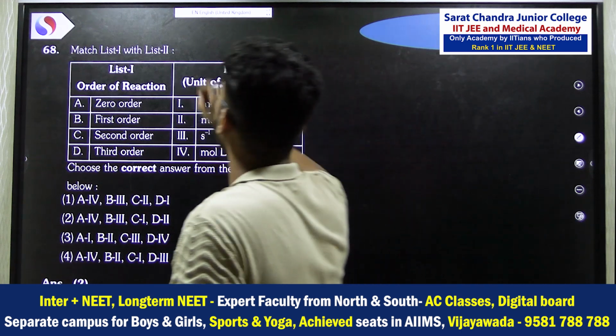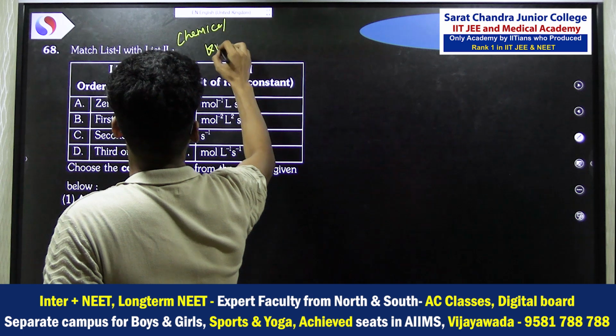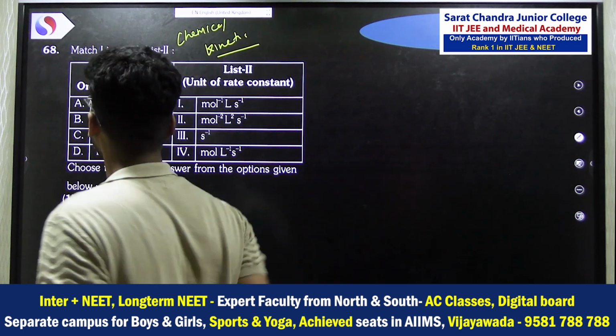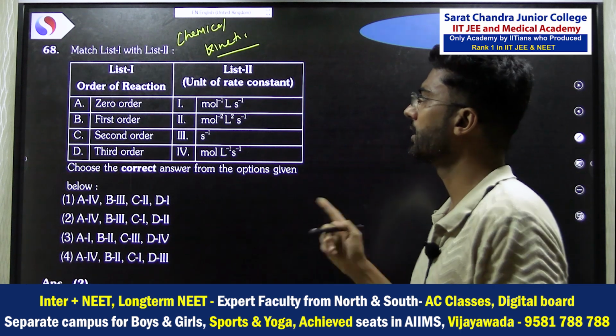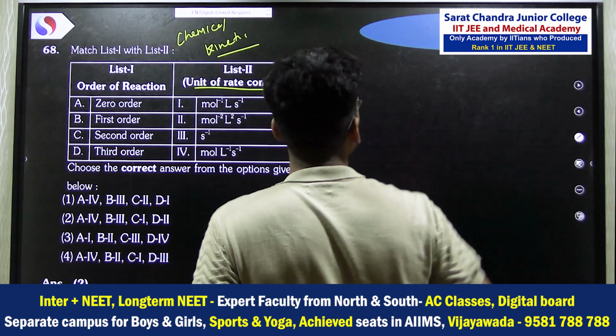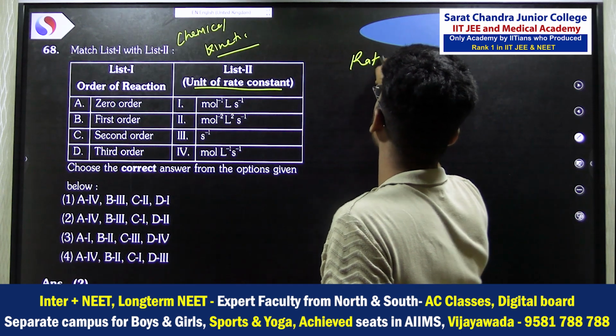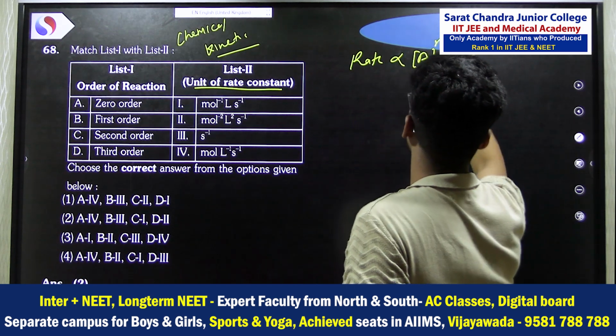Again, this is chemical kinetics, order of reaction. First thing you have to remember is the units, the formula of the units of rate constant. If you do not know, you can calculate this. I know that rate is directly proportional to concentration of A power n.